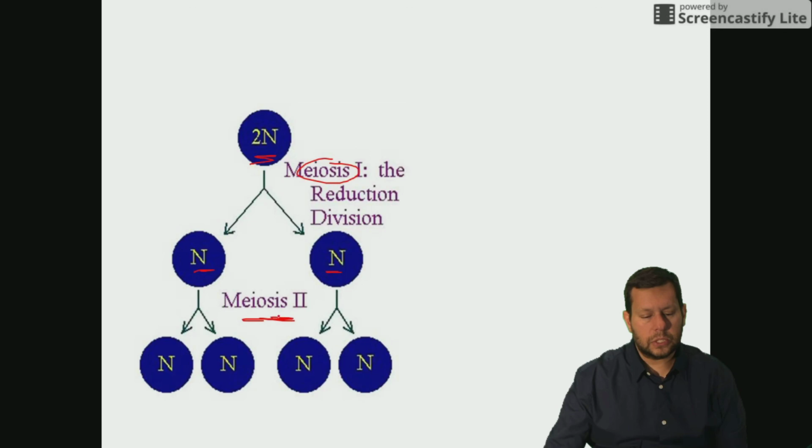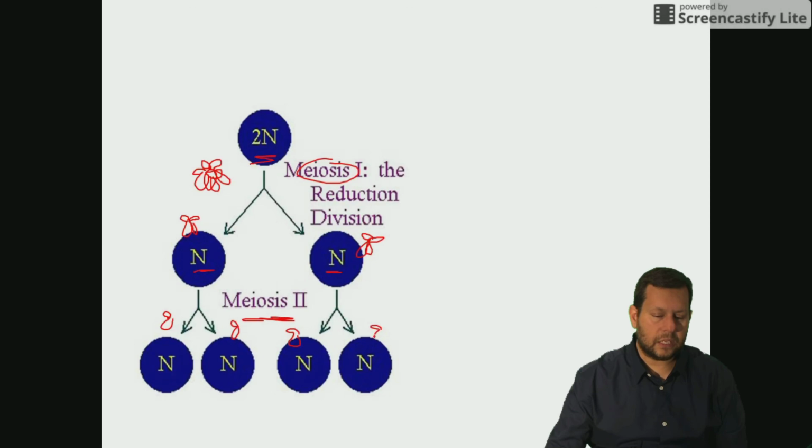Why do we need meiosis 2? Because here you've separated the homologous chromosomes. So you had this situation where you had the homologous chromosomes present as a tetrad. Now you separate them here, and you need that second division to get each piece alone.